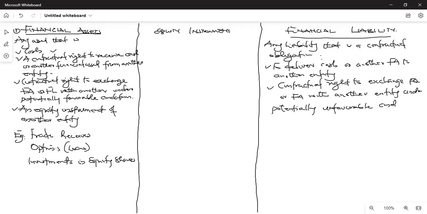If it is favorable, it is an asset. If it is unfavorable, it is a liability.